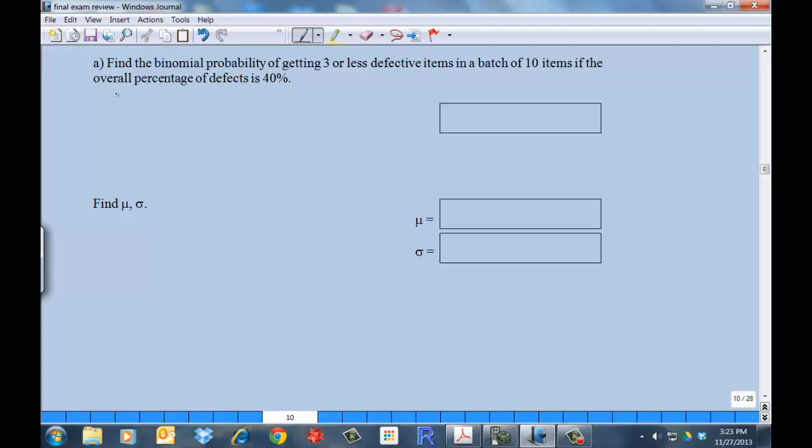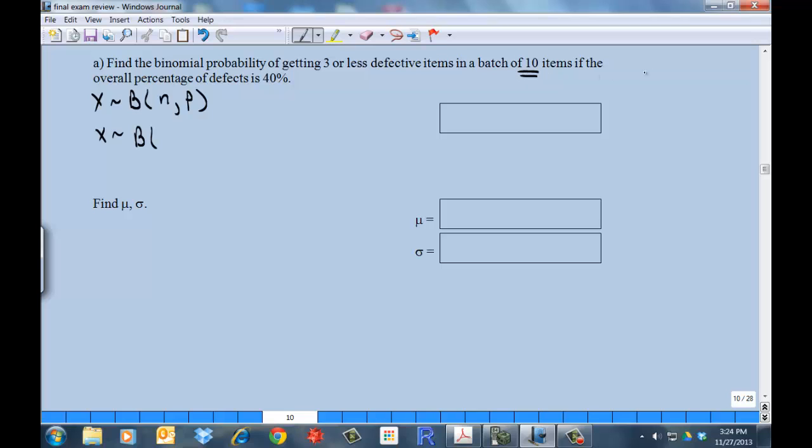So you can think about this in terms of binomial probability, where we have n trials. Remember, x follows a binomial, and there are two parameters to the binomial: n, which is the number of trials, and p, which is the probability of success. And so here, n, the number of trials, is 10.